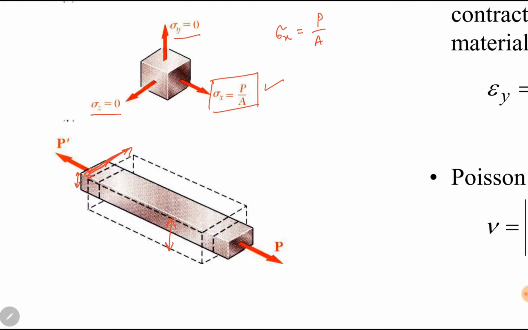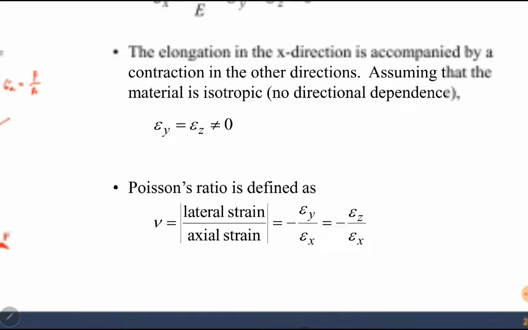Similarly, if we compress this body in the x direction, this decrease in length will cause an increase in the thickness and width in the y and z directions. So stress is 0 in the y and z direction, but strain is present in all the directions. This gives rise to another concept.